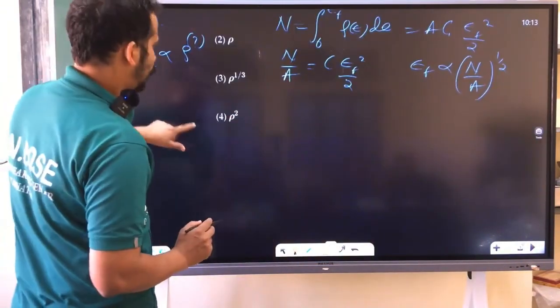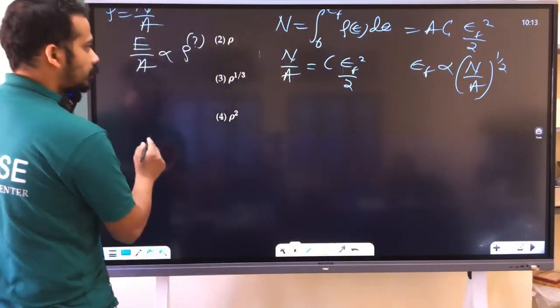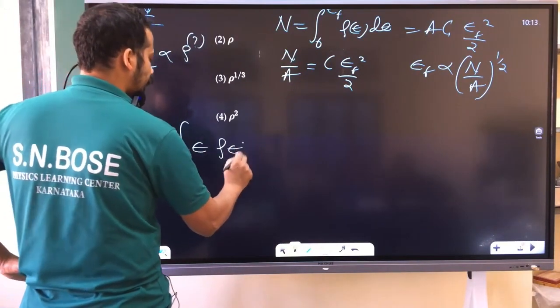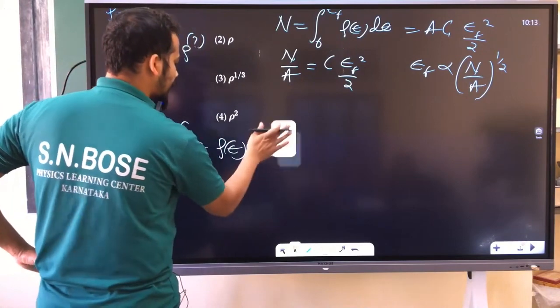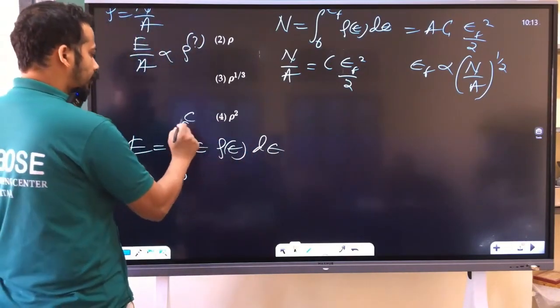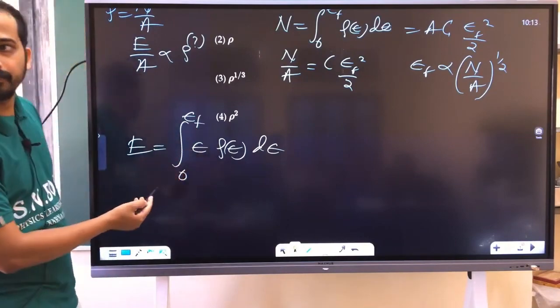So the next thing is energy. Energy is equal to the integral of E rho of E dE. F of E was there, but F of E is equal to 1. Am I right? E F of E rho of E dE from 0 to EF, F of E equal to 1. Is that okay?